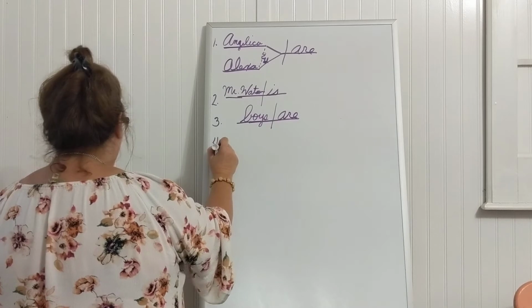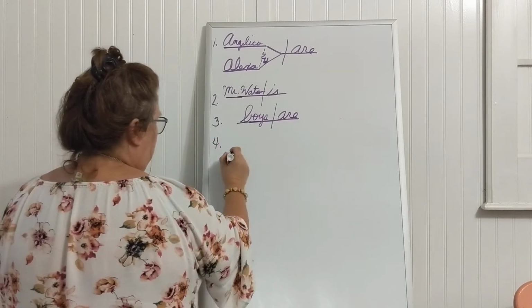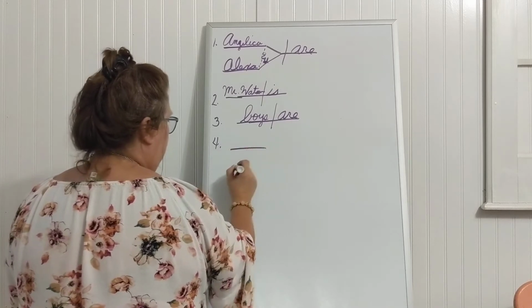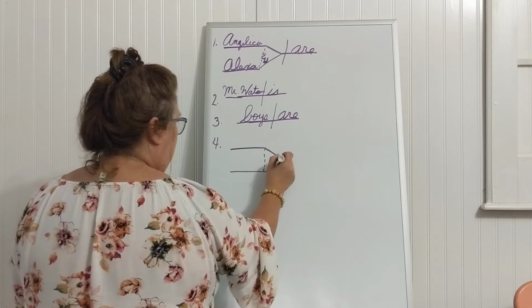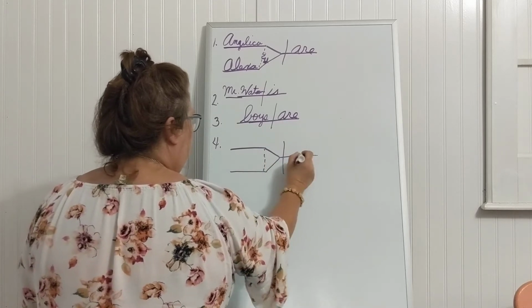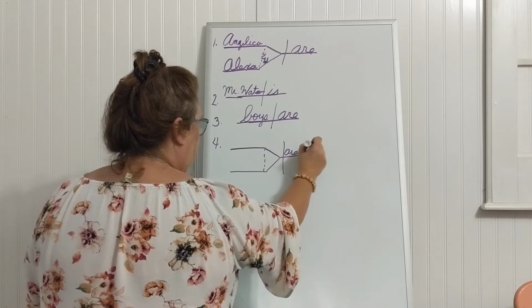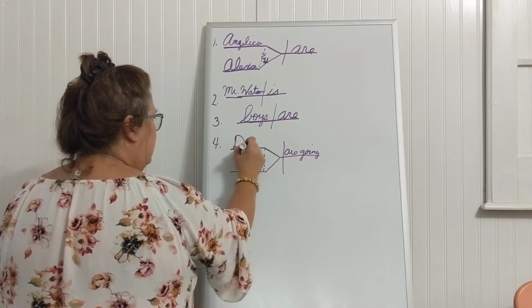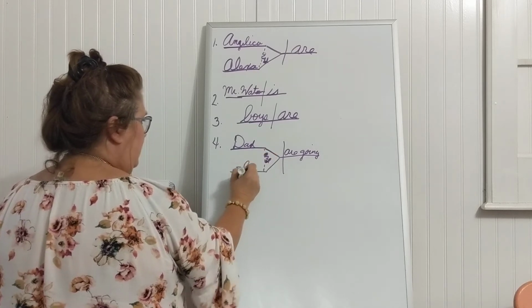Number 4, Dad and I aren't going. So we have a compound subject again. Our rocket is on the subject side. Our verb is are going. Who or what are going? Dad and I.